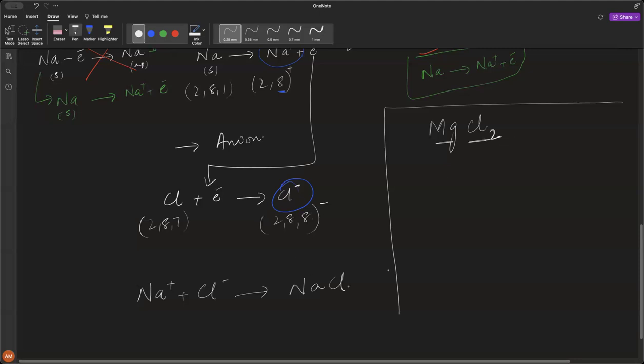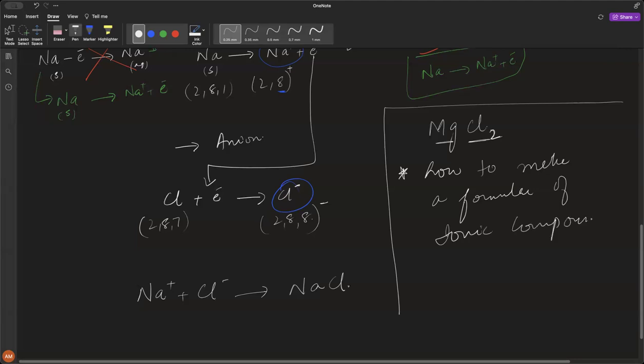This was NaCl. One of the important things that arises over here is how are we going to determine the formula of an ionic compound? One of the questions that arises here is how to make a formula, or how to predict the formula of an ionic compound.